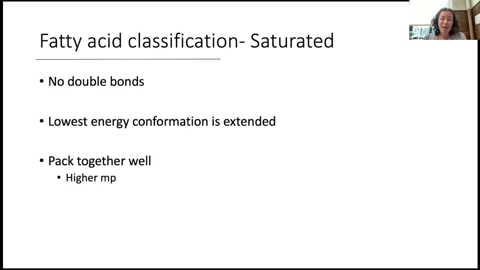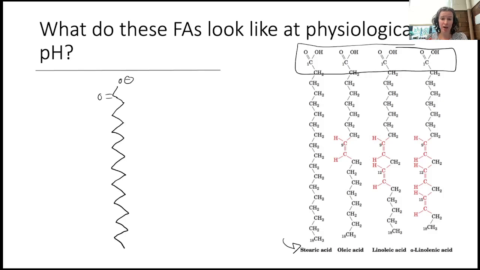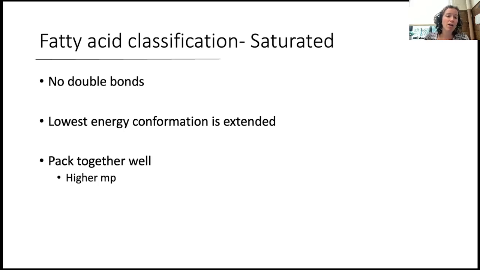Now, as you might already know, we can classify fatty acids according to how many double bonds they have, if any. On the previous slide, you already saw that I was showing you no double bonds, one double bond, or more than one double bond. And so we can classify these fatty acids according to their saturation. Fatty acids that are fully saturated have no double bonds. They are fully saturated with hydrogen, right?